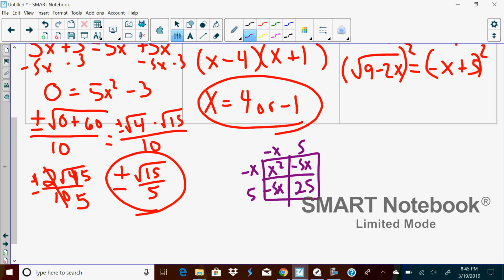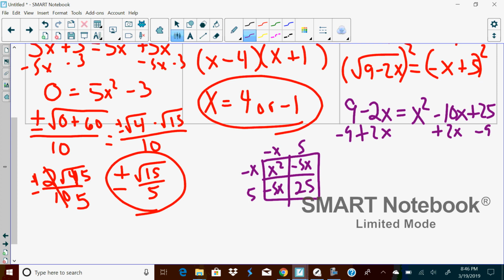On this side, I end up with 9 minus 2x equals x squared minus 10x plus 25. Move everything over. So I'm going to add 2x minus 9. So I end up with 0 equals x squared minus 8x plus 16.